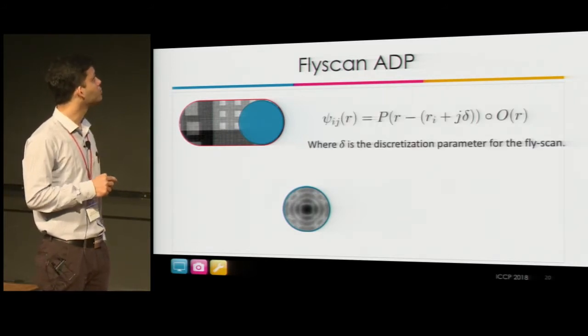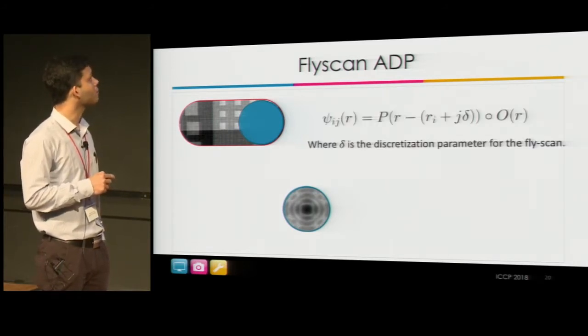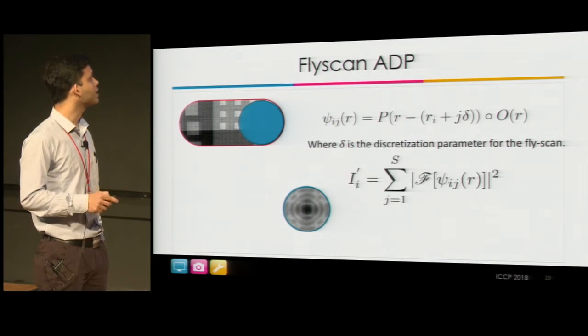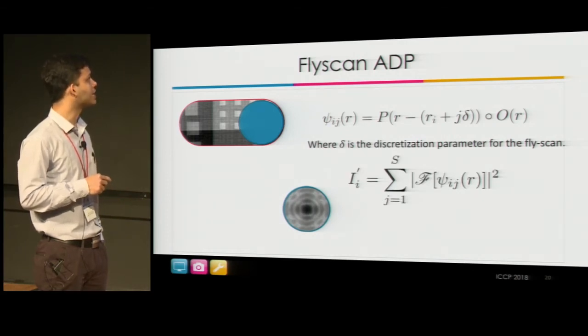So mathematically, you would want to calculate a wave function psi ij, where i is the ith spot in the object, and j is the multiple of the discretization parameter that you use, and delta is the step size that you take to discretize this whole space. Once you have psi ij, you can just sum over the ith index, which will be like an incoherent sum of the intensities, and you have a predicted intensity.